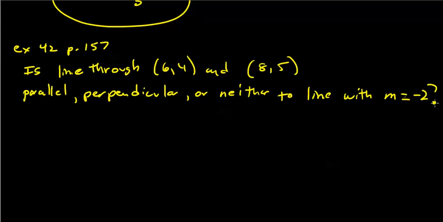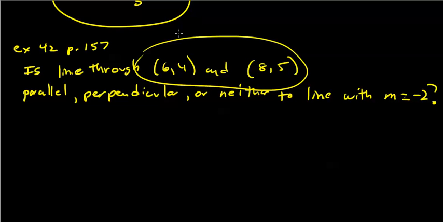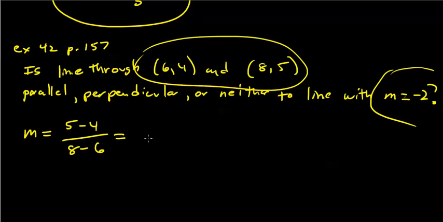Well, the first thing I have to do is compute the slope of the line through these 2 points and compare that slope to this slope. The slope of the line through the given points is going to be y2 minus y1 over x2 minus x1. That's going to be 1/2, right? So I need to compare a slope of 1/2 to a slope of minus 2.